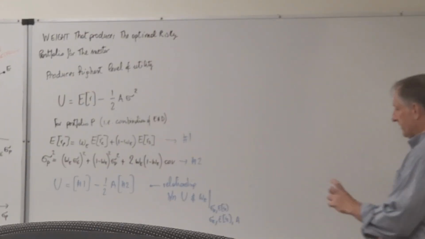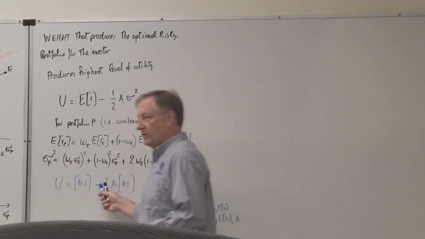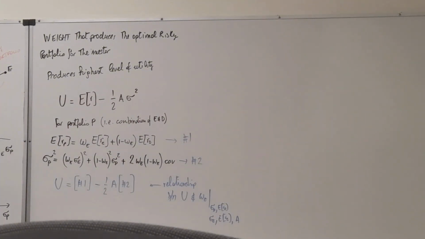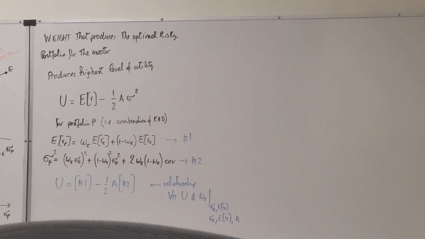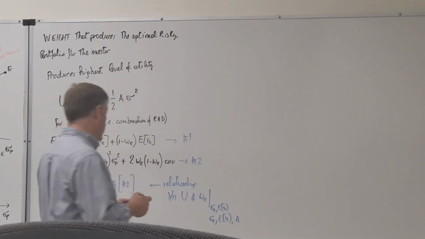So the only thing that is variable is this weight of equity. So if you have a function and you want to find its max or min, what do you do? You take its derivative, set it equal to 0, for whatever variable you are interested in changing. So this is the process that we should be doing.